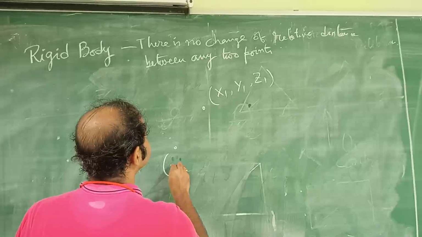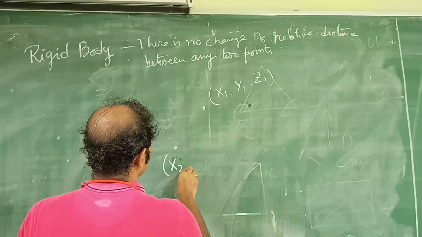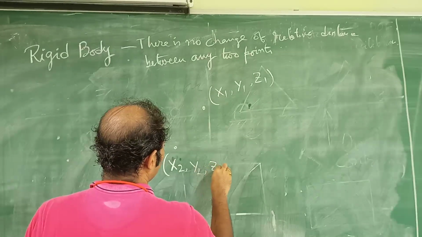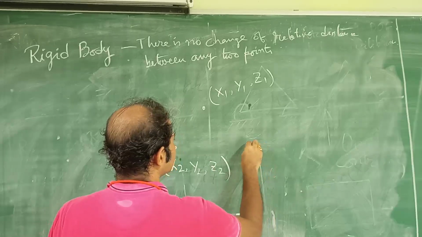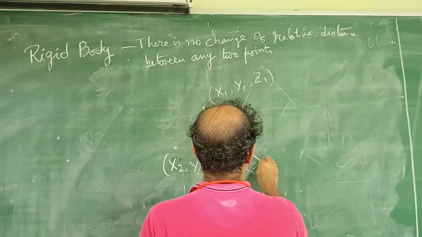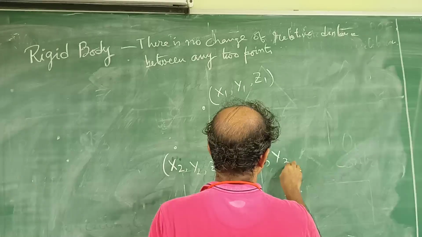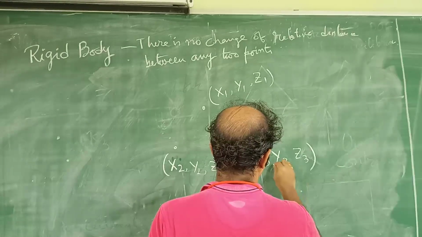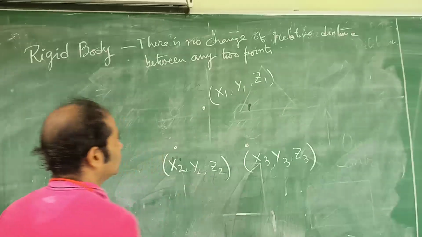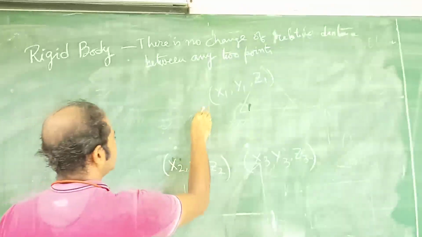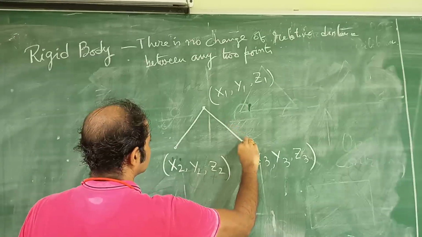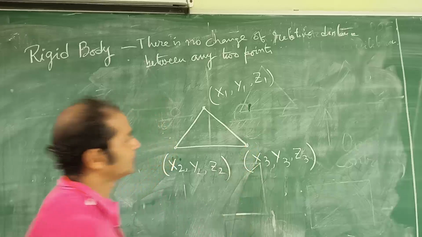Let's say it is x2, y2 and z2. Let's say another third point, x3, y3 and z3. So you just join them through a line, because that is what the rigid body is to be constructed.